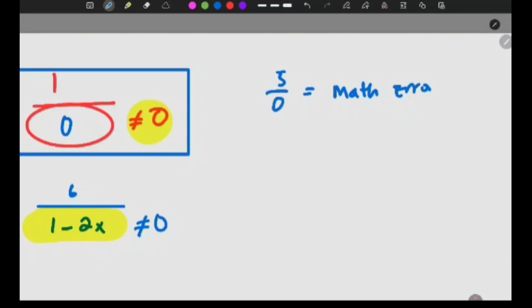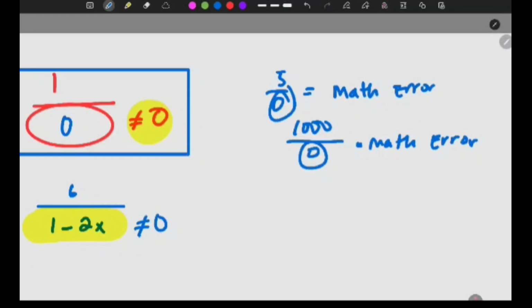So that's the reason why your denominator cannot be equal to 0. Because if it's a math error, then how are you going to solve your problems? Your denominator cannot be 0, or else it will be a math error. You cannot solve a function.